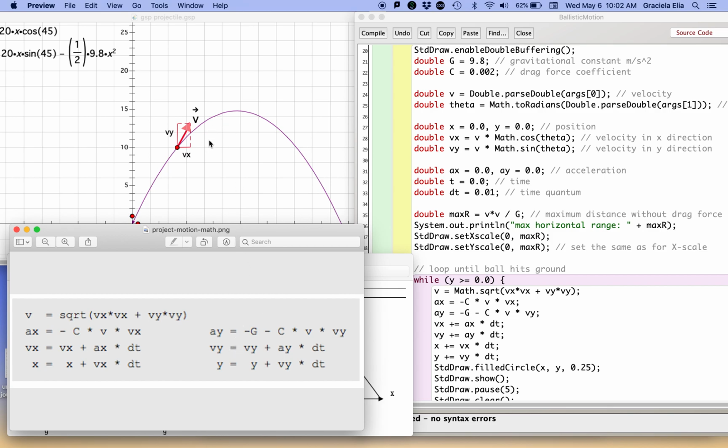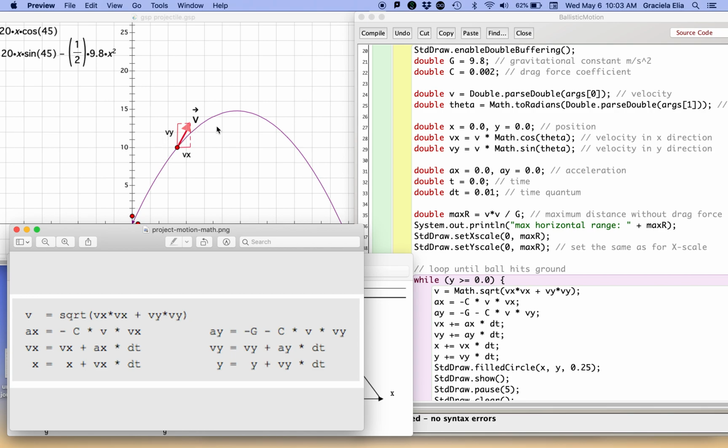And that's why I drew over here a vector on the actual trajectory of the ball. The vector should be tangent to a point. It's not really tangent right here. I did that on purpose so you could see it a little bit better. It could be more visible, otherwise it will hide in the actual curve.